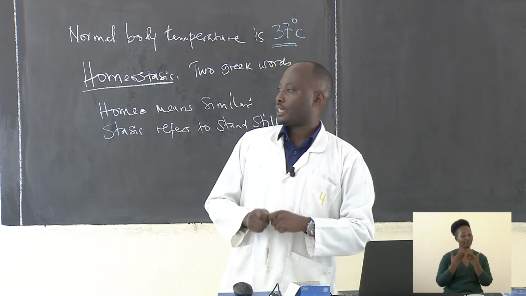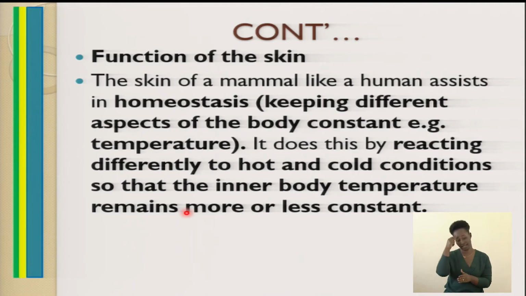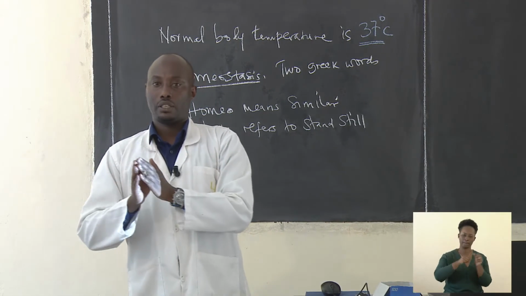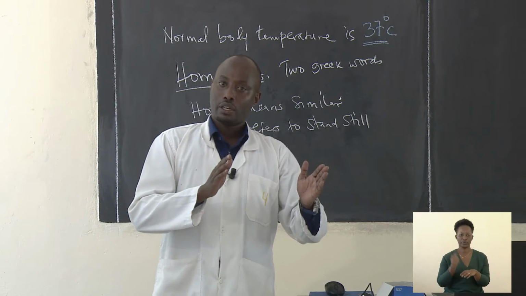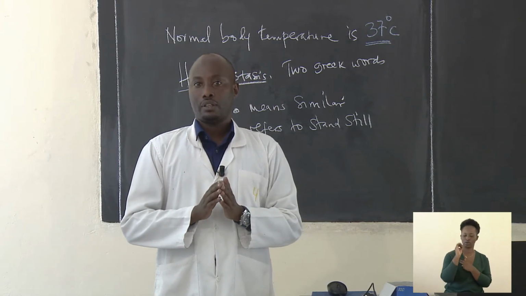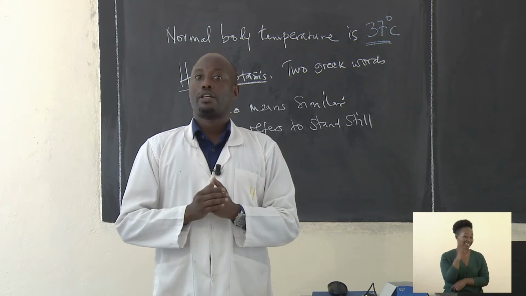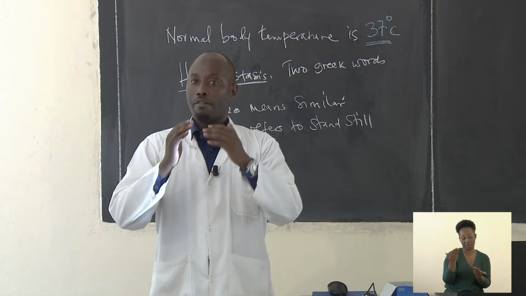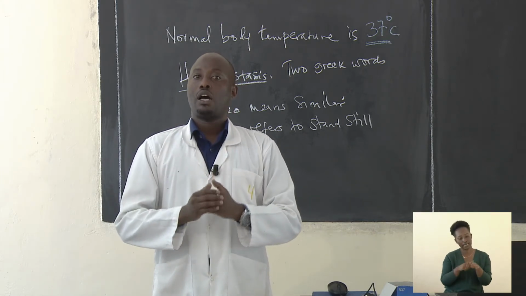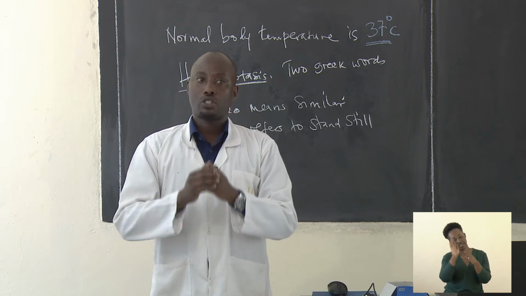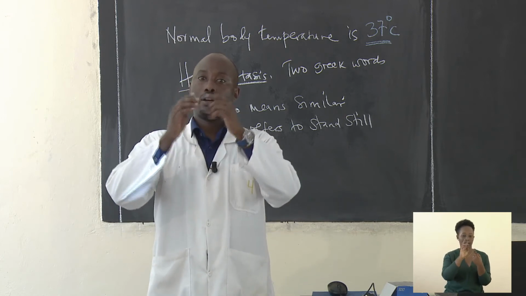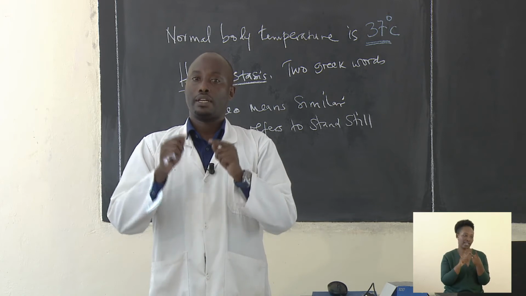Students, I think you do remember what I mentioned at the start of our lesson. I said that in today's lesson we have to talk about the structure of the skin and the functions of the skin. Do you remember that? I mentioned the two parts of the skin: the epidermis, and the second, lower one, called the dermis.